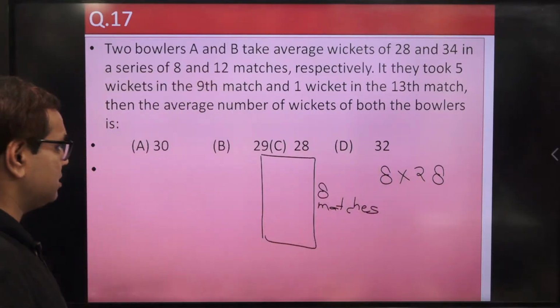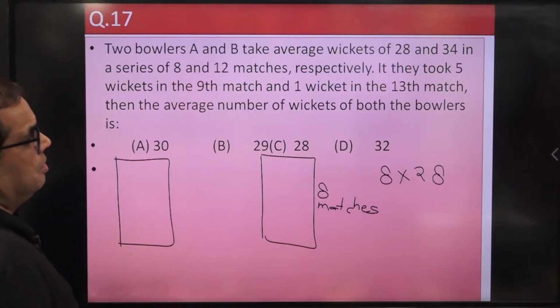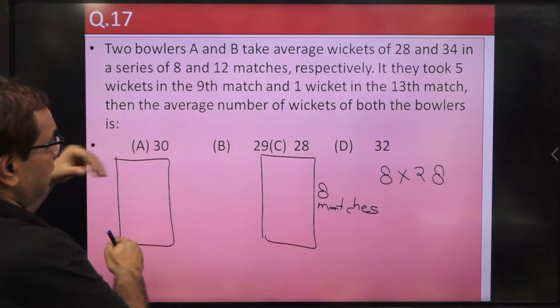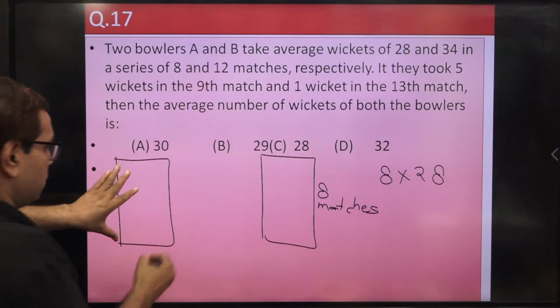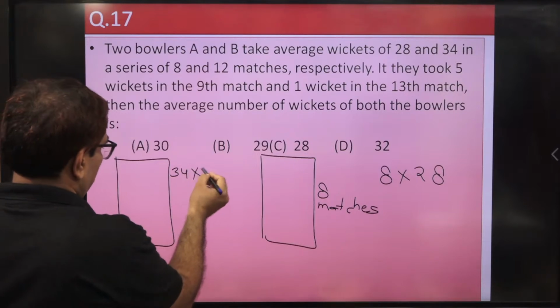Now there was another series of 12 matches. In that series, the average was 34. So per match, they got 34 wickets total, both of them. So total number of wickets in this series is equal to 34 into 12.